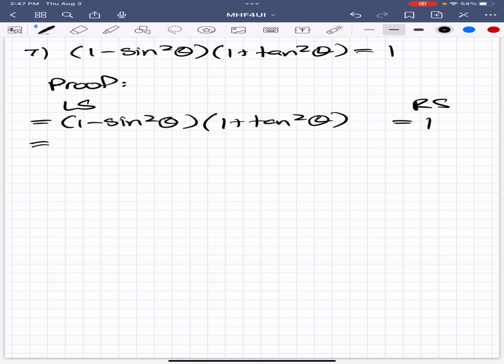So we have brackets, 1 minus sine to the power of 2 theta, bracket again, 1 plus tan to the power of 2 theta, brackets, and it equals 1.